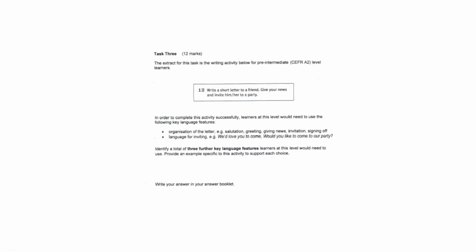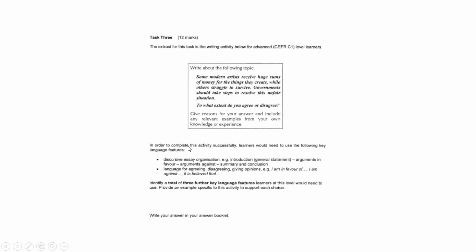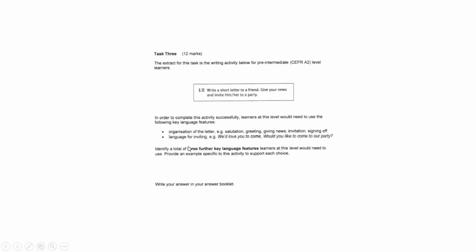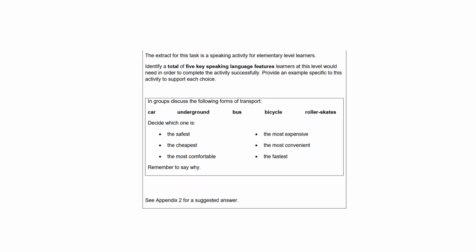In the updated questions, they only ask you for 3 further key language features, only 3, so don't freak out. Your job is to identify a total of 3 features learners would need.